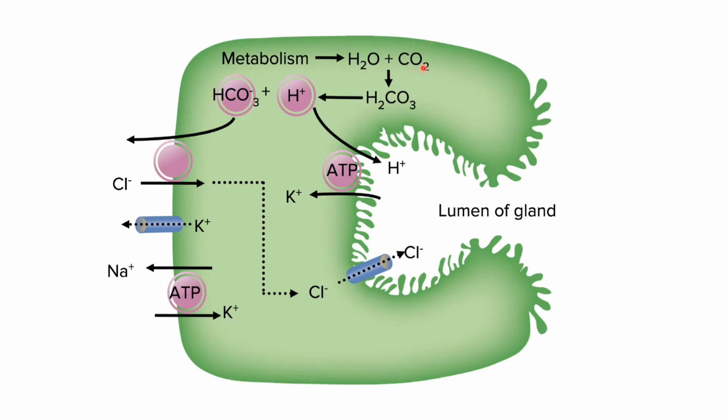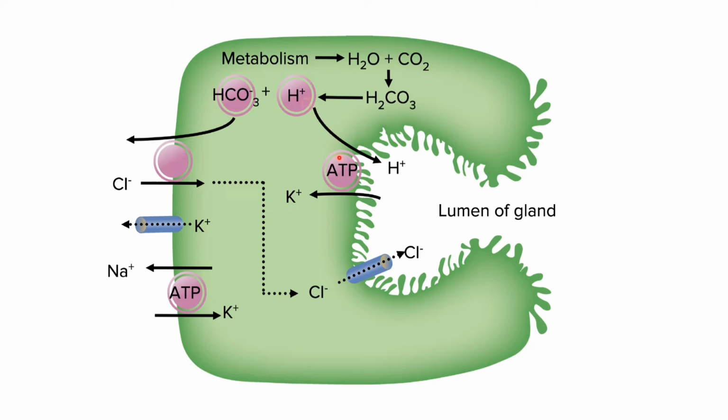Carbon dioxide from blood vessels enters the parietal cell of the stomach and combines with water, resulting in the formation of carbonic acid, which is then hydrolyzed into H plus ion and bicarbonate ion. The bicarbonate is pumped into the blood vessels.